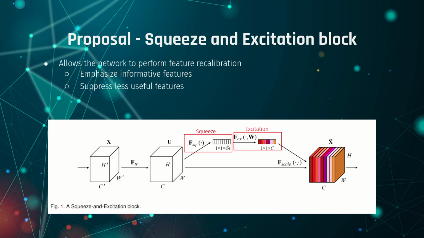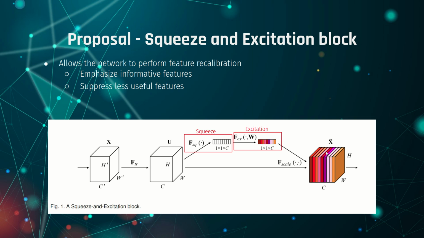Before, you don't have any special channel-wise information, and after the excitation operation, you see different color encoding, which means different weights of the channels.